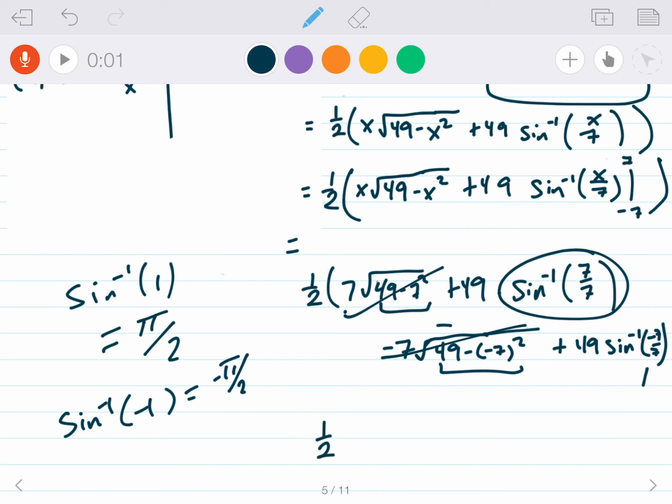We have 1/2, and simplifying the inside when those zeros cancel out, we have 49 sine inverse of 7 over 7, which was pi over 2, minus 49 times negative pi over 2.